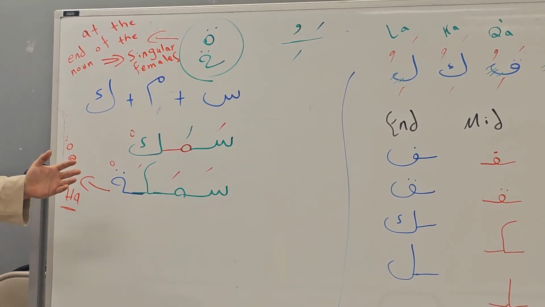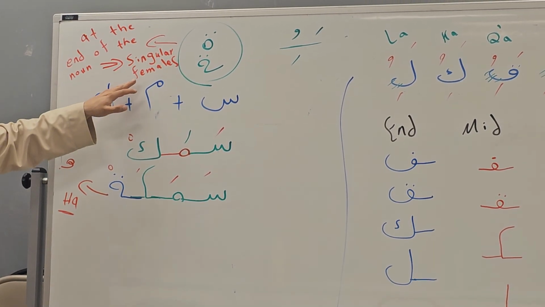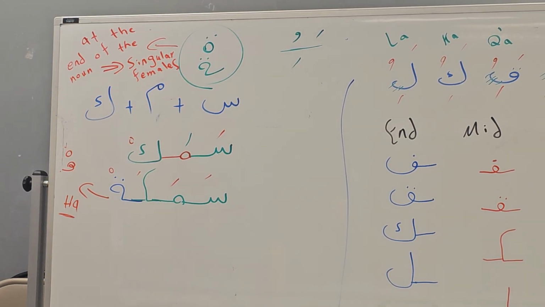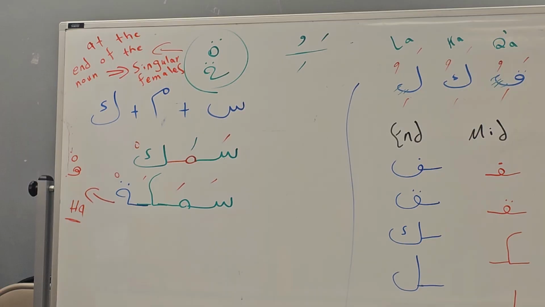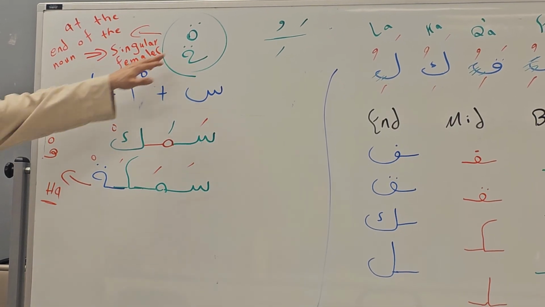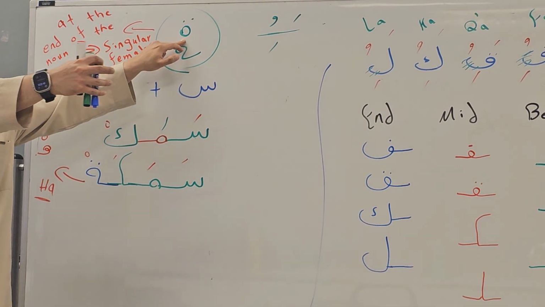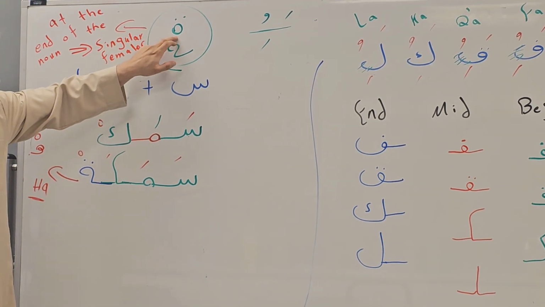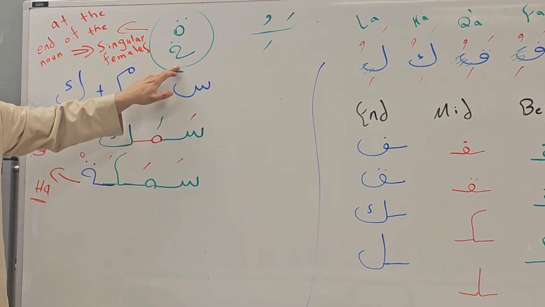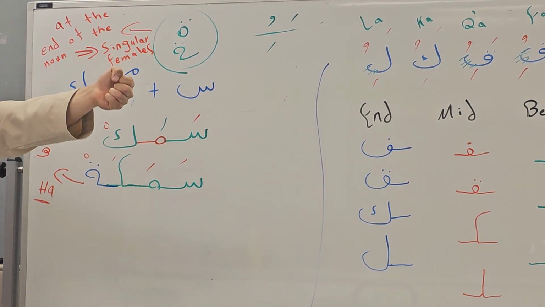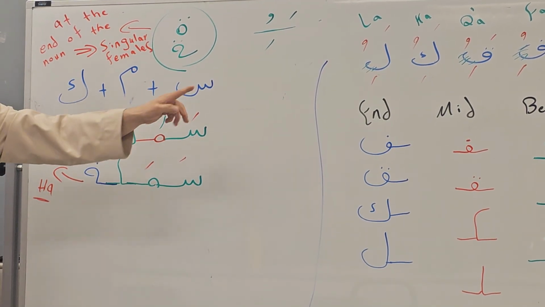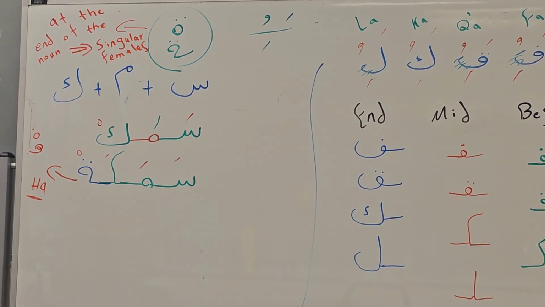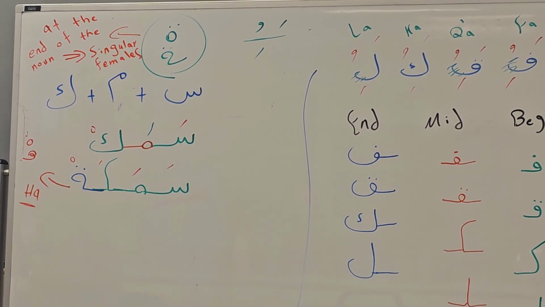If you're going to change it to a female, one, it always has to be connected with the ta marbuta. And sometimes it depends on the letter that comes before it. If the letter before it does not have an arm, it's going to look like this. But if the letter that comes before it reaches it, it has an arm, then it looks like this.